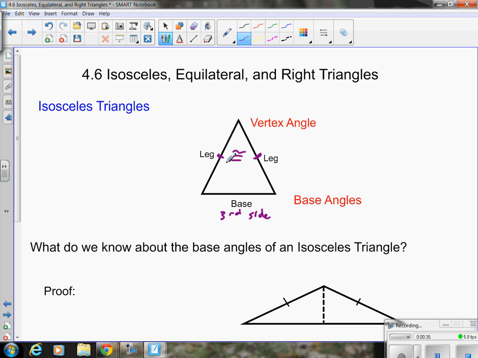And now remember, we could spin this upside down and the base could technically be on the top. The vertex angle is between the two congruent sides, and our base angles are opposite. Let's go, my base angles.